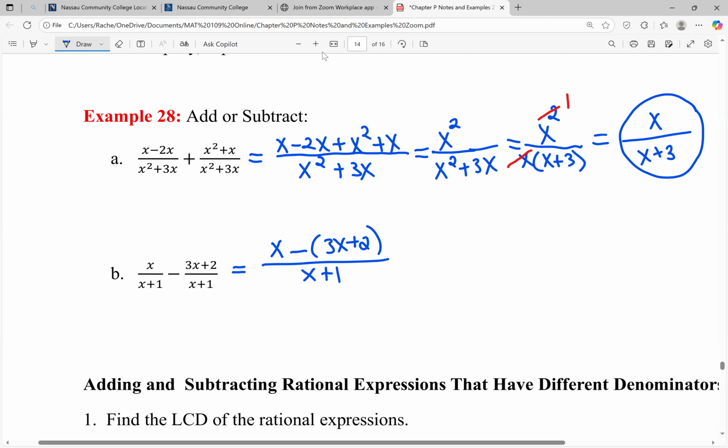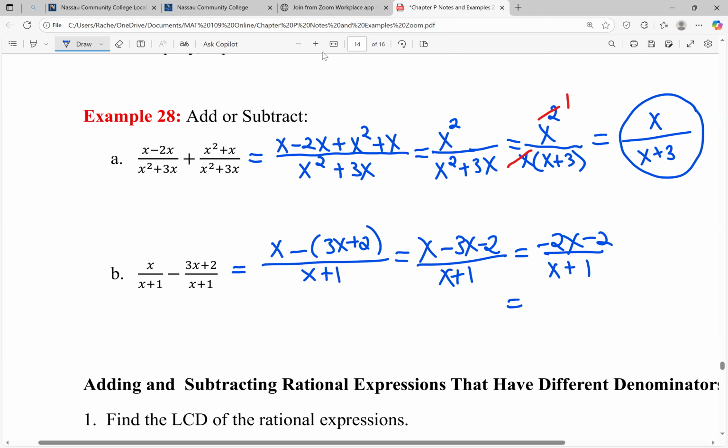So let's distribute and combine like terms in the numerator. So we're going to have x minus 3x minus 2 divided by x plus 1. x minus 3x is negative 2x. Then we have minus 2 divided by x plus 1.